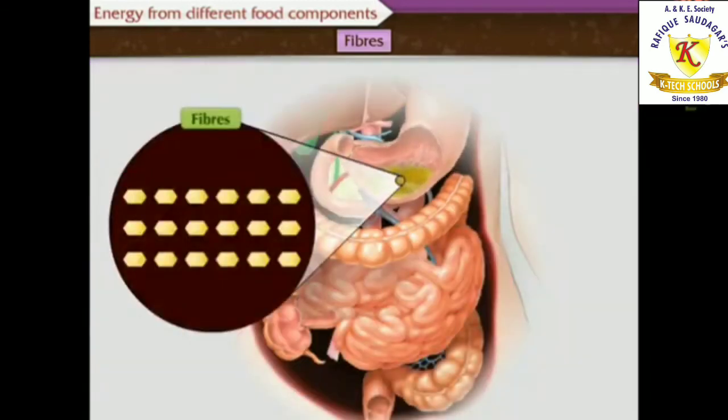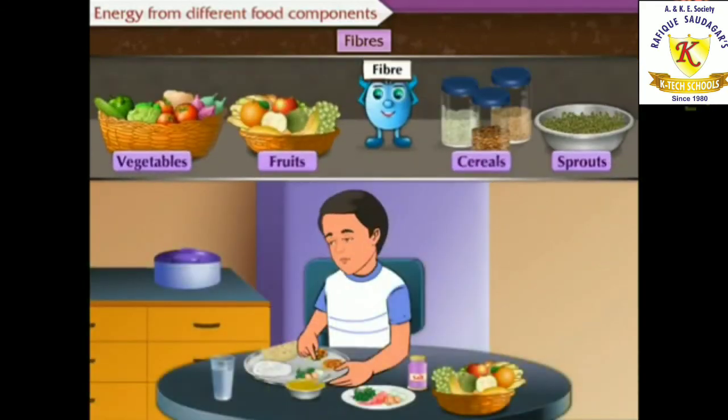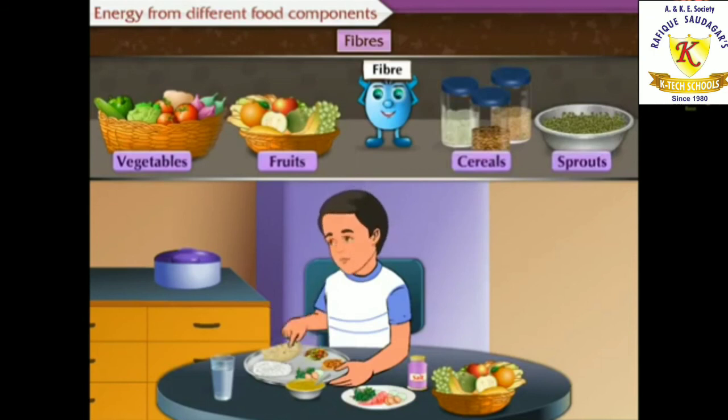Yes, fibers are also carbohydrates, but unlike other carbohydrates, our body cannot digest fibers. They are helpful in digestion of other substances and help in digestion of undigested food. Therefore, we must include vegetables, fruits, cereals, sprouts in our daily diet as they are a good source of fibers.